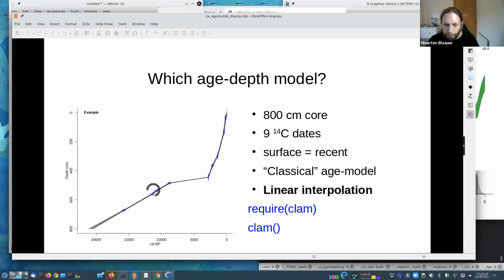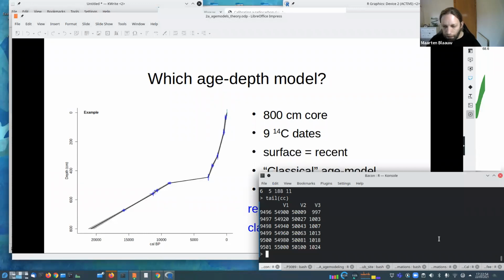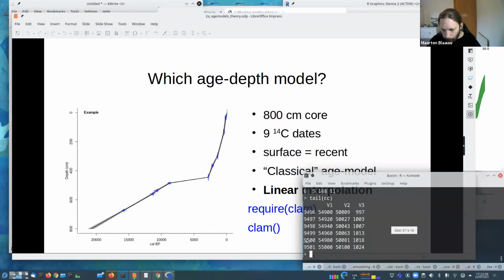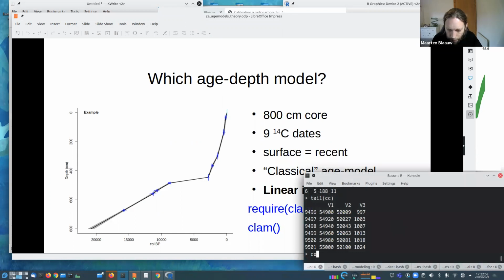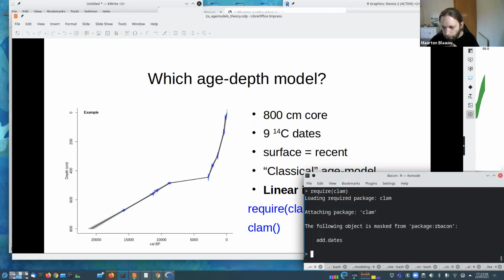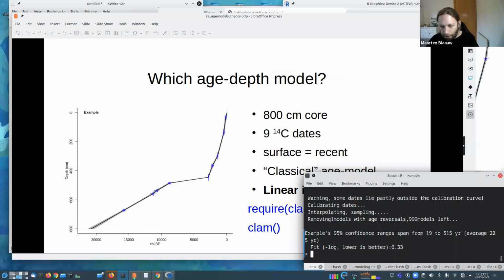If you want to play along during the presentation, you can open your R terminal or R code, and type require clam to load the clam code, which hopefully you've already installed. And then you just simply type clam, and that runs clam with all the default settings.